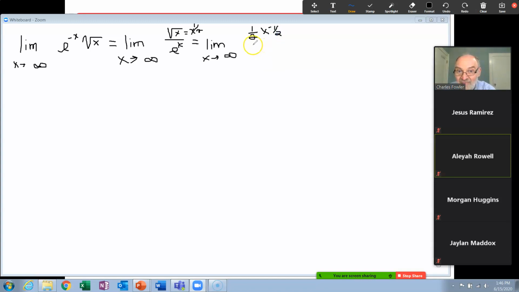That's 1/2 x to the minus 1/2 over, and the derivative of e to the x is still e to the x, right? Now, let's evaluate that limit. 1/2, we won't worry about that now. You could take that outside the limit if you wanted to. 1 over the square root of x, as x goes to infinity, that's going to 0. And then you get 0 divided by an infinitely large number.